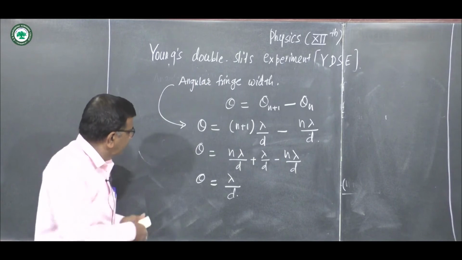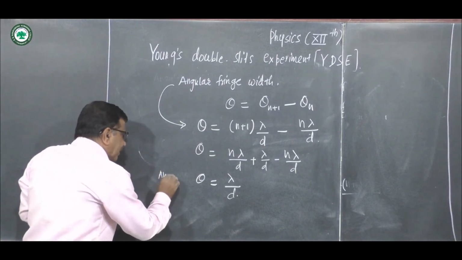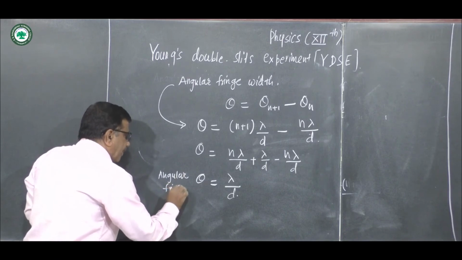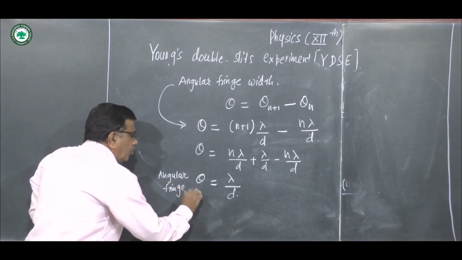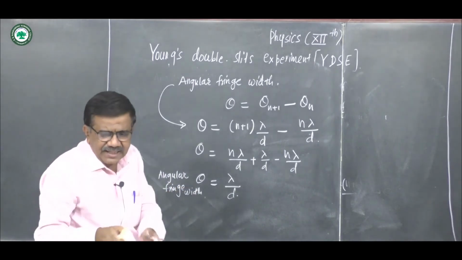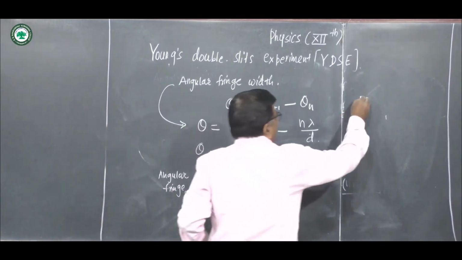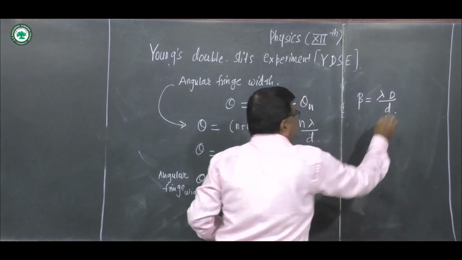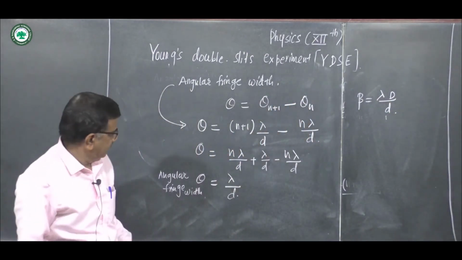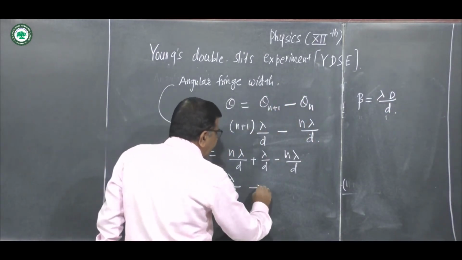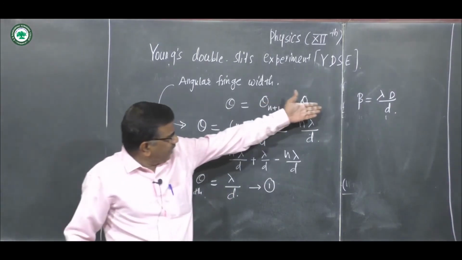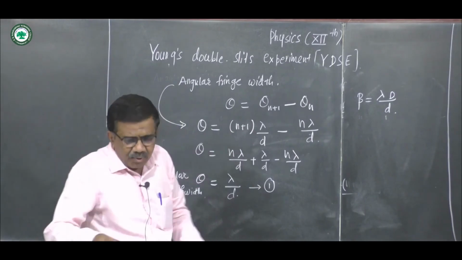Now we know this theta is the angular fringe width. But we know the fringe width beta is lambda capital D upon small d. Suppose this is equation 1, the angular fringe width, and our fringe width beta is lambda capital D upon small d.